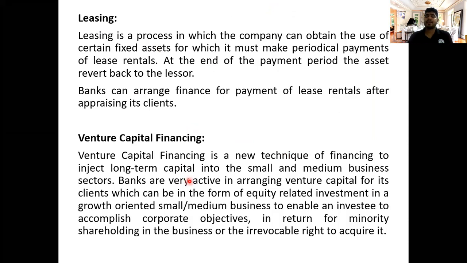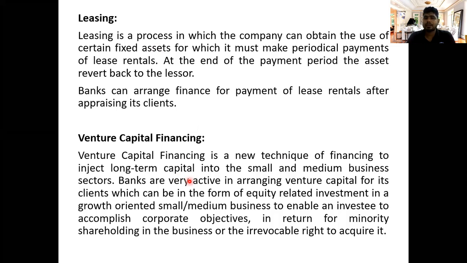And venture capital financing. Venture capital financing means, say there are small business people who have a good idea to start up a business. Anyhow, they don't have enough money to start up that business.